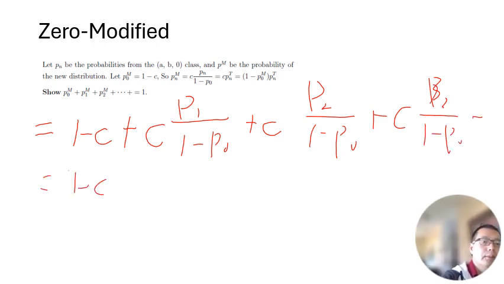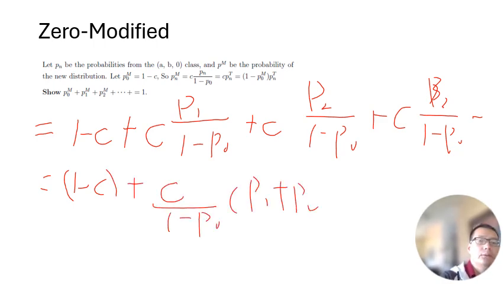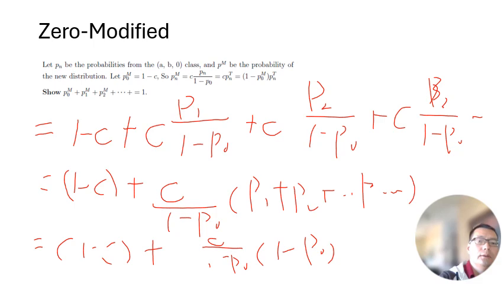And it will be 1 minus C plus C over 1 minus P0 times P1 plus P2 plus up to infinity, which is 1 minus C plus C over 1 minus P0 times 1 minus P0.